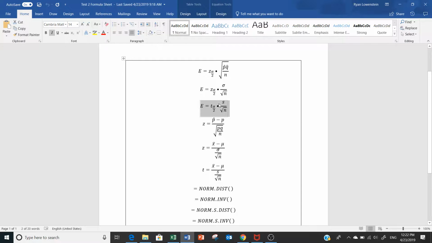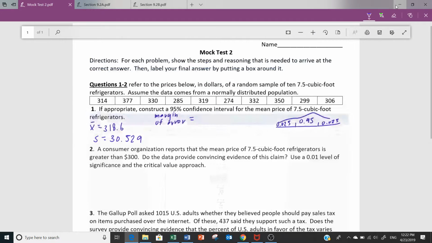So am I going to do T or norm.S? T. So you have to do T dot, anytime you go from area to t-value, it's dot INV, and then you're going to put in what value? Good, 0.025. Degrees of freedom, we have 10 values, so that means degrees of freedom is 9.